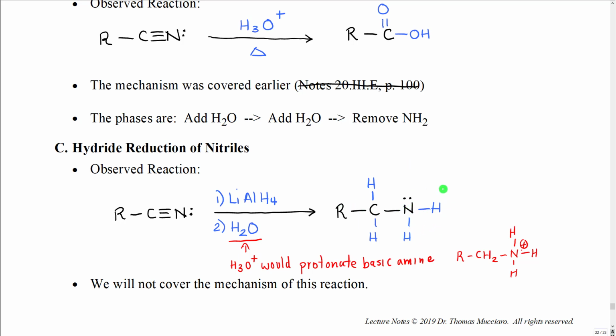So this makes a primary amine like that. Again, we use water here when we make amine products because if we used hydronium, the amine product would do an acid-base reaction with the hydronium, and we would get the ammonium, which is not the end of the world, but it's likely that we would want the amine.